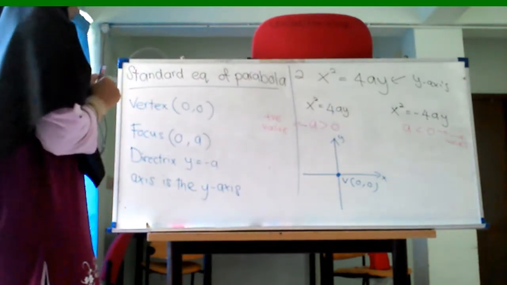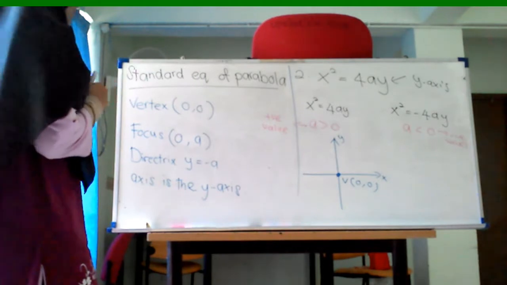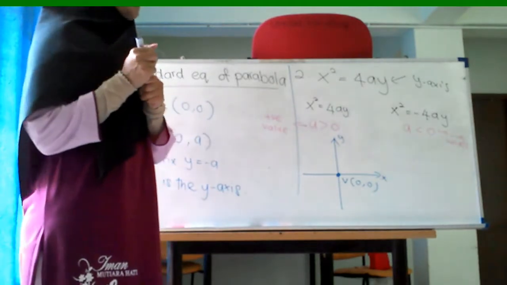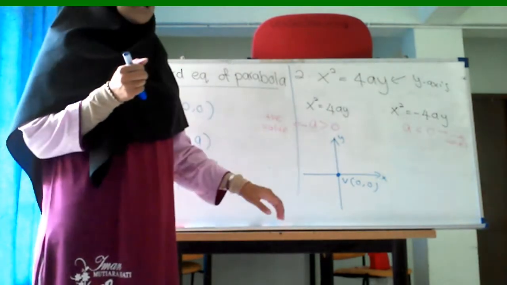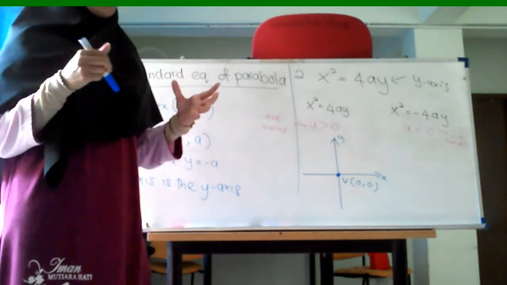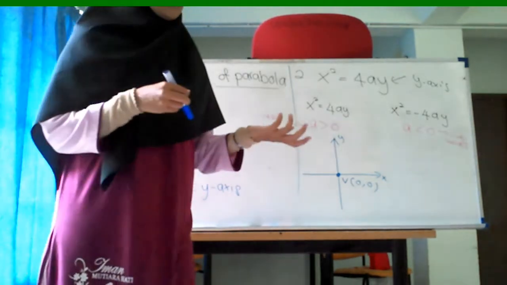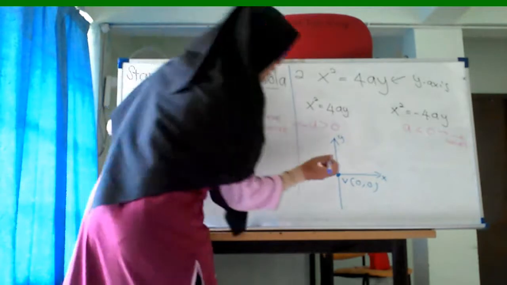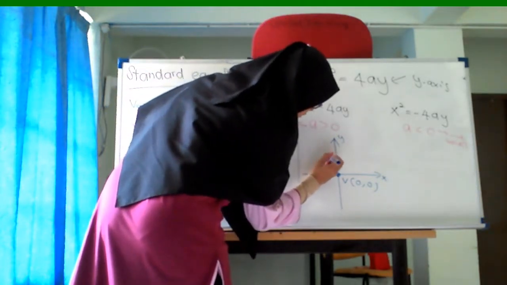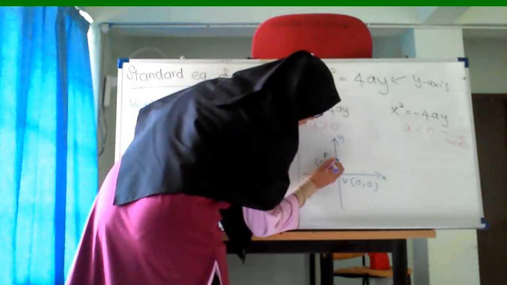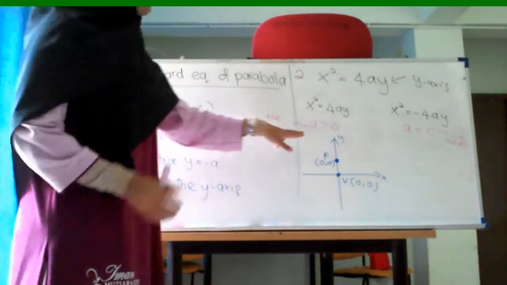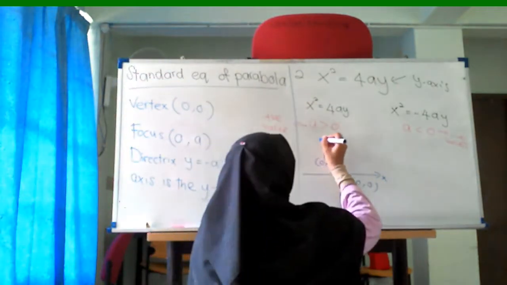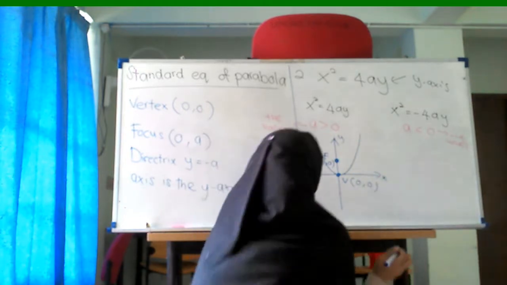When the focus is 0, a, the x value of the focus is 0 and the y value of the focus will be a, which means somewhere on the y-axis. Here is the focus 0, a. Since the value is positive, the graph will be like this, which is open up.